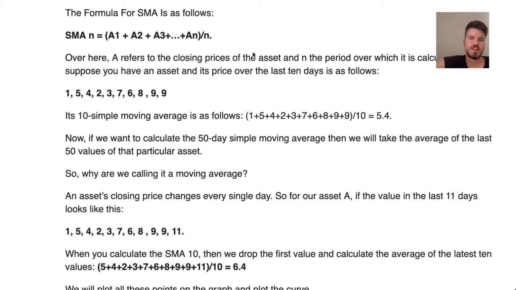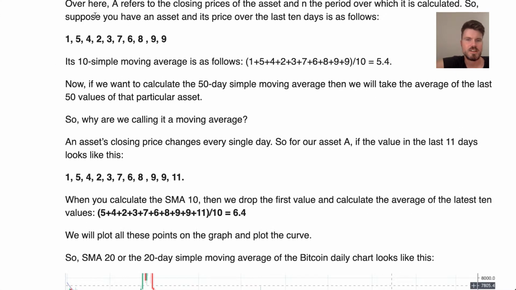Now, suppose you have an asset and its price over the last 10 days is as follows: 1, 5, 4, 2, 3, 7, 6, 8, 9, 9. You would add these prices together and divide by 10, and that would be 5.4, and that would be the last point of your simple moving average. The same would be done for each candle.